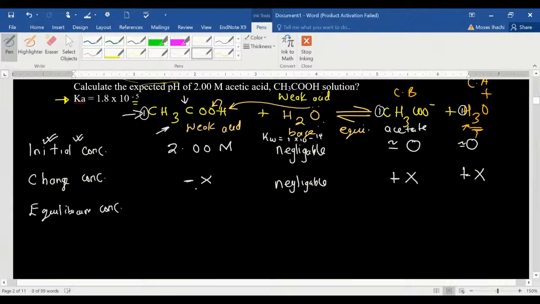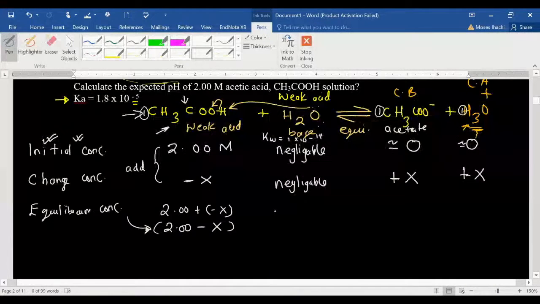So the equilibrium concentration will be given by the sum of the initial and the change. So it's going to be 2 molar plus negative X. Obviously, this will be 2 minus X. That will be the equilibrium concentration of acetic acid when this reaction has balanced. Then again here will be negligible because, like we said, water is not ionizable.